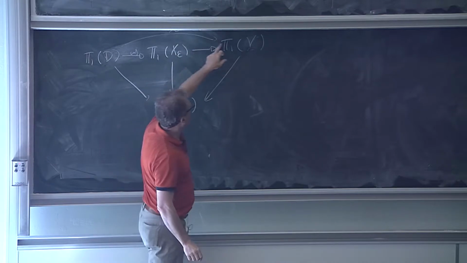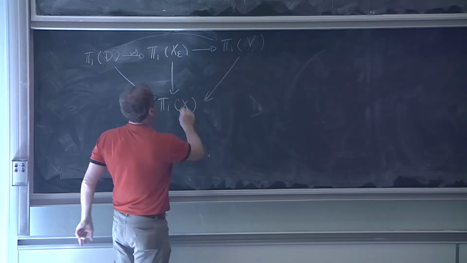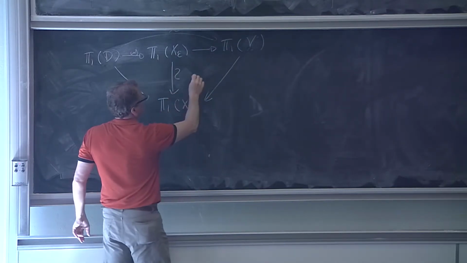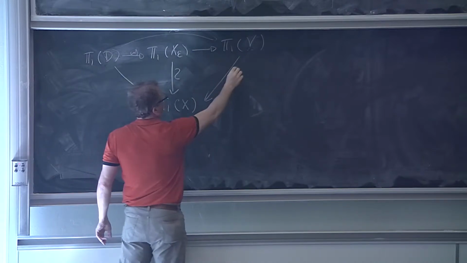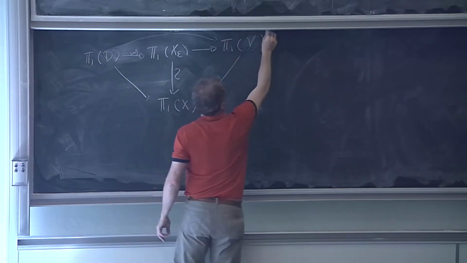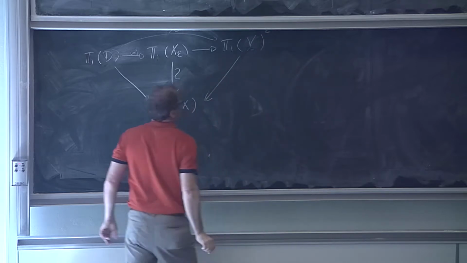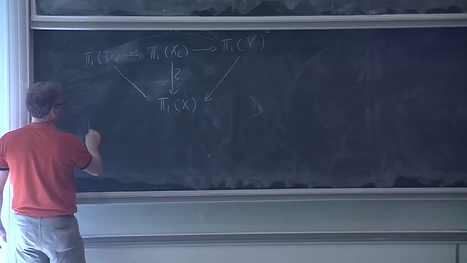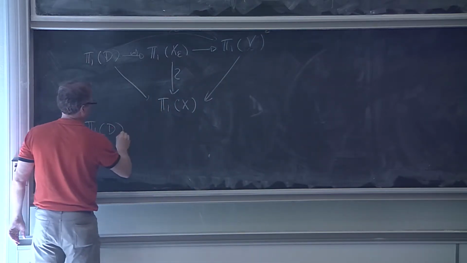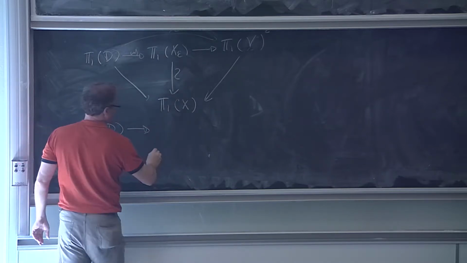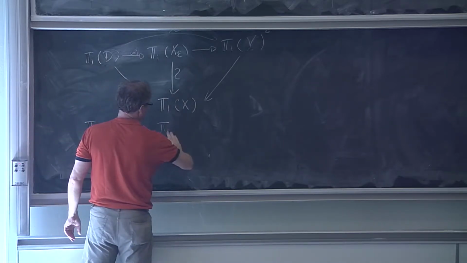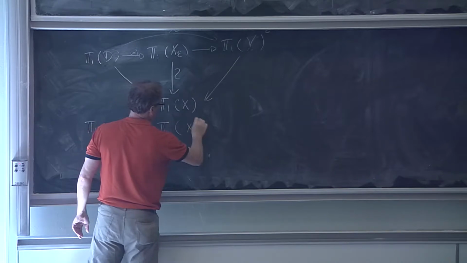So this is an isomorphism. So that means that these maps must be injective, which at the end of the day means that P1 of D in P1 of X is an isomorphism.